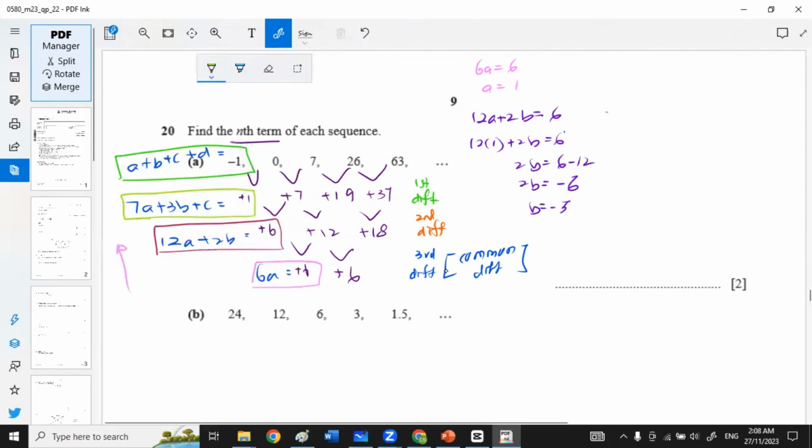For the third equation, 7a plus 3b plus c equal to 1. So 7 times 1 plus 3 times negative 3 plus c equal to 1. So 7 minus 9 plus c equal to 1, so negative 2 plus c equal to 1, c equal to 1 plus 2 is 3.